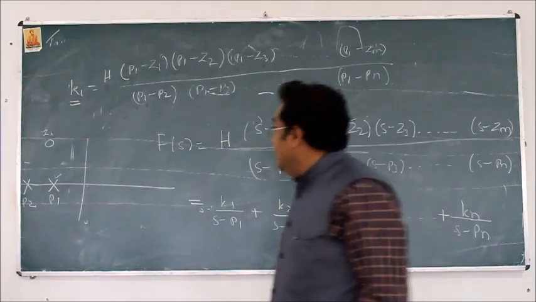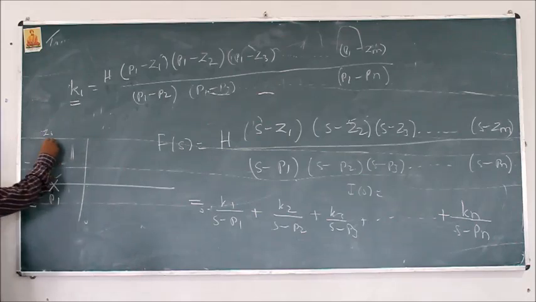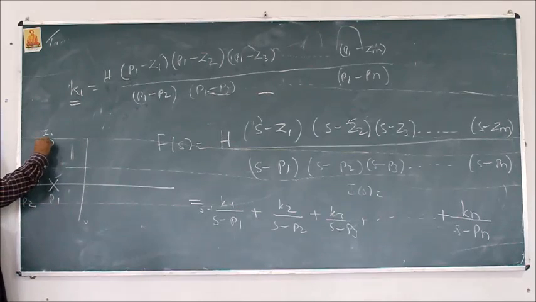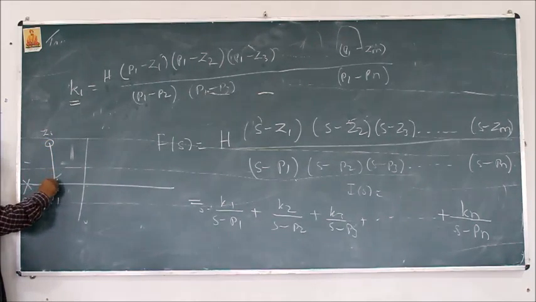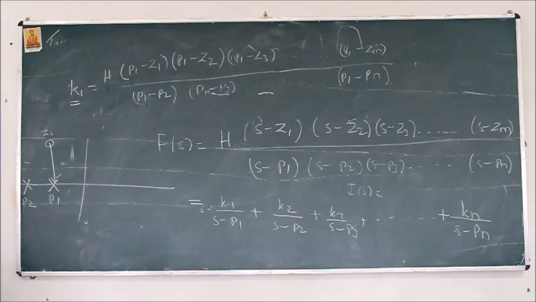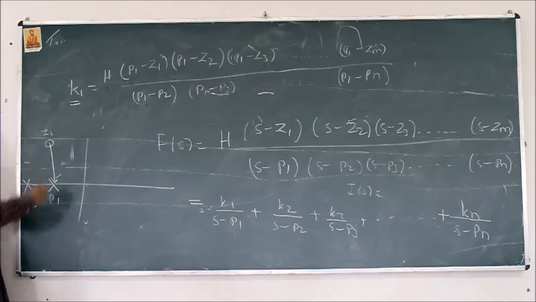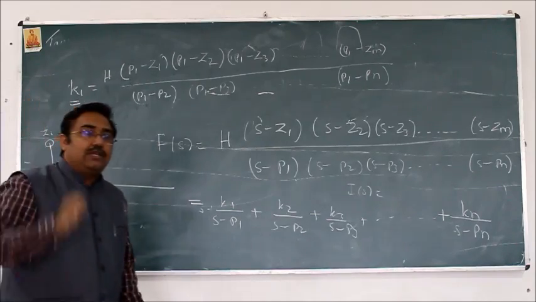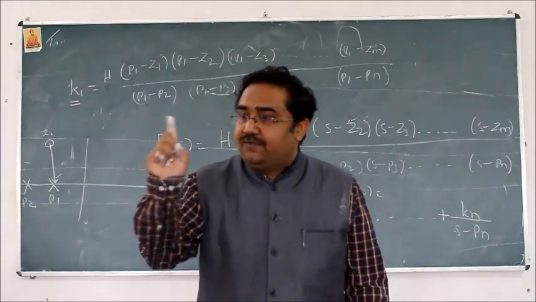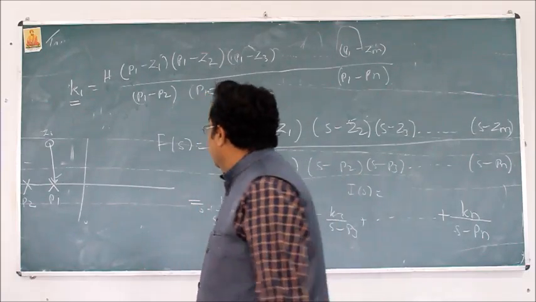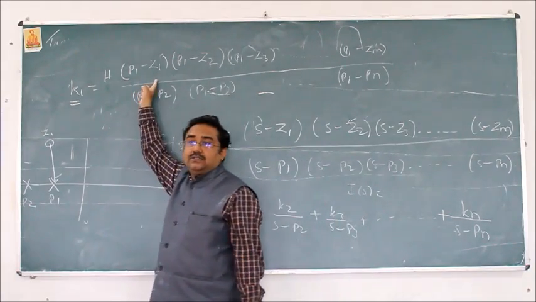What does this mean? I have to draw a phasor starting from here and moving towards this. The arrow will be like this. Okay, so the length of this phasor will be its magnitude, the magnitude of P1 minus Z1.